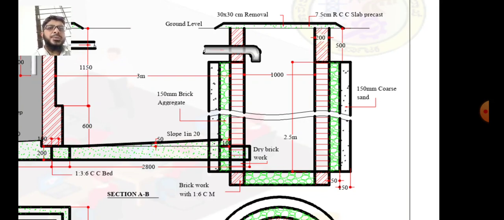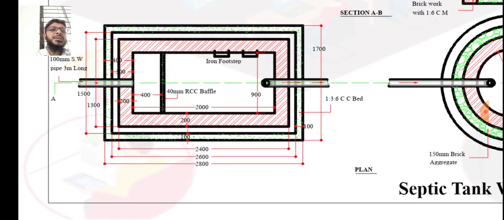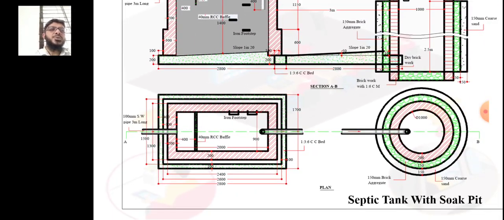So that complete wall is covered with 7.5 centimeter RCC slab, which is precast, and there is an opening of 30 centimeter by 30 centimeter, so it can be removed. So this is what about the sketch of the septic tank and soak pit.